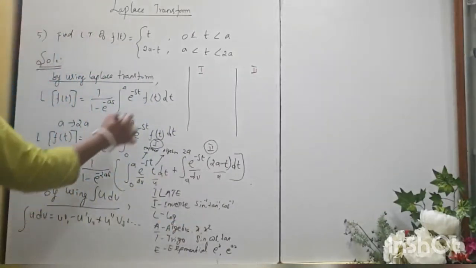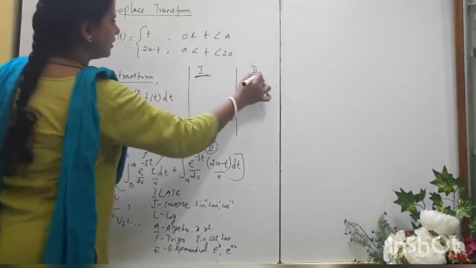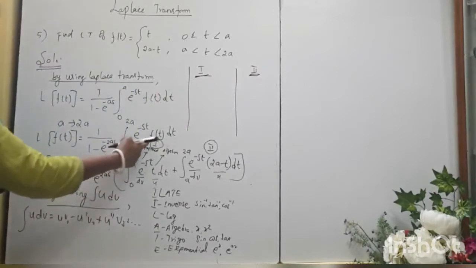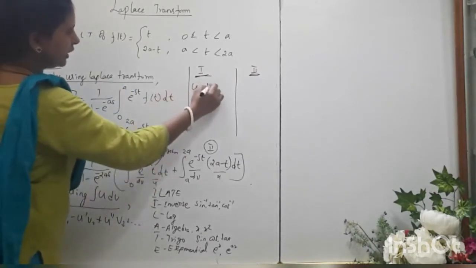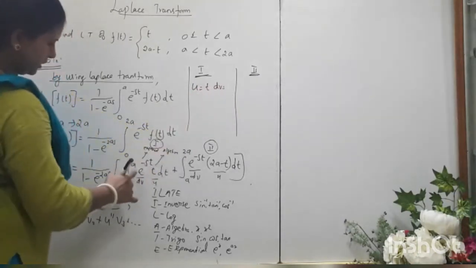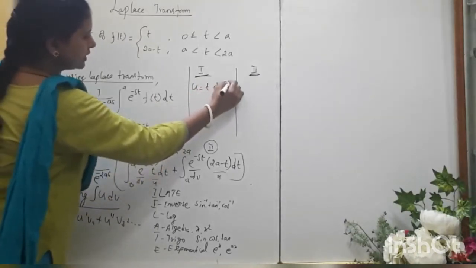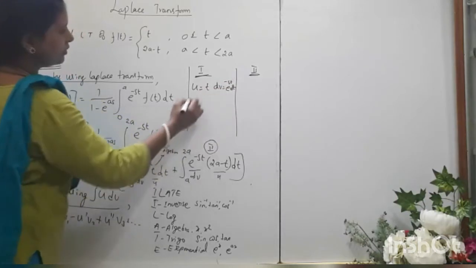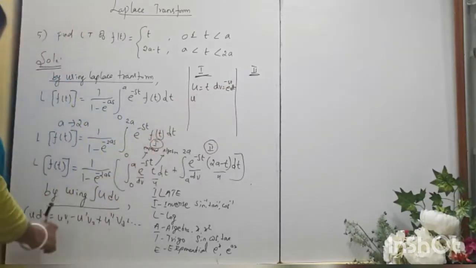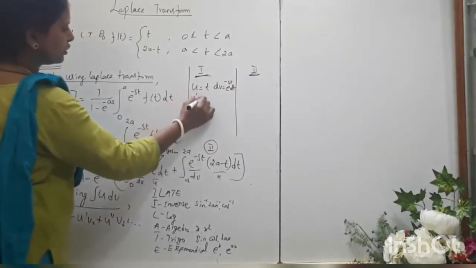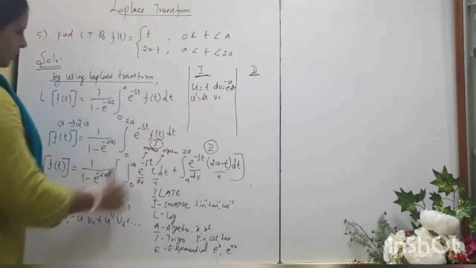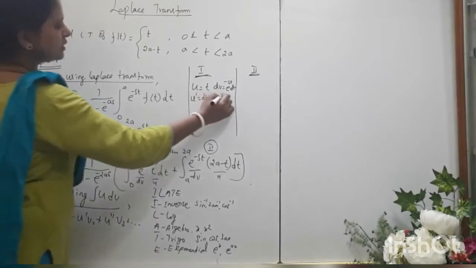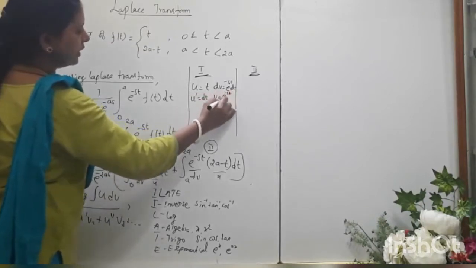Which one is first? This is first. So u equals t, dv equals e power minus st into dt. So u dash means dt. V1 is e power minus st by s.